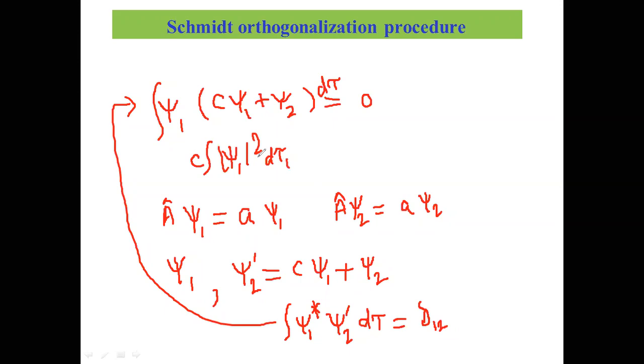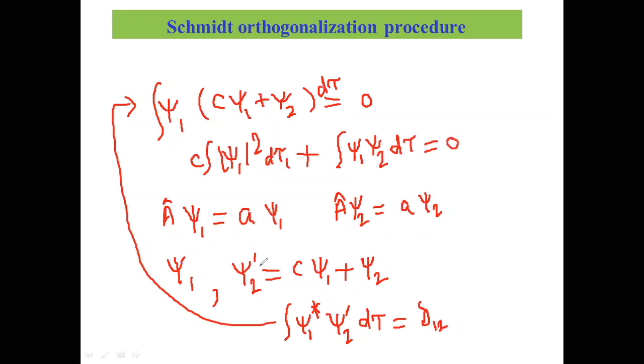I'm writing 1 because this is involved with the psi1, so that doesn't make any difference, but that is basically this. Then I'm going to get integral psi1. If you want, you can keep the star, but as it is real function, I'm removing this. Okay, so don't get confused with that. This is psi2 and d tau. So that is going to be 0.